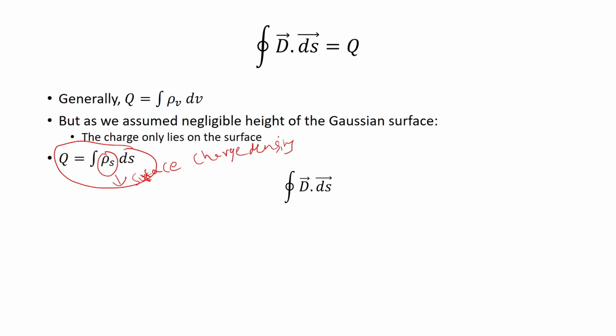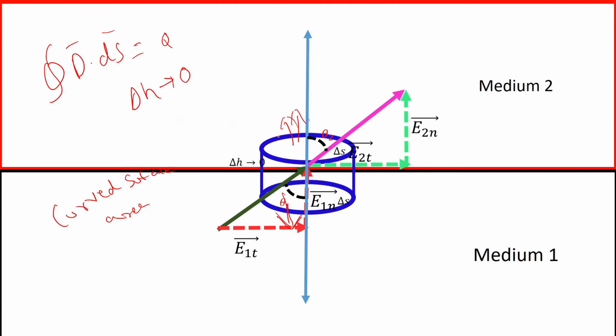And the closed surface integral would directly be equal to minus D1n delta s plus D2n delta s, because you may see from the previous slides that the normal component of electric field in medium 1 is entering, whereas the normal component in medium 2 is leaving.